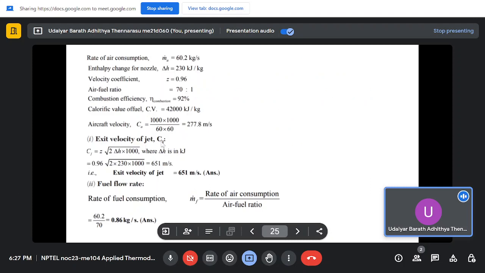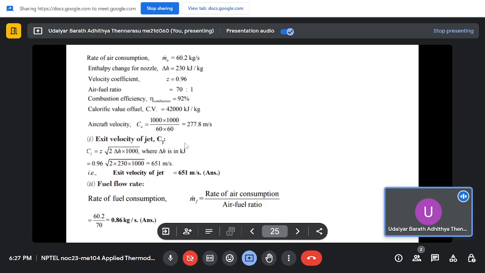So exit velocity of jet can be calculated by applying the steady flow energy equation across the nozzle. So it will come out to be enthalpy plus velocity square by 2. In the nozzle there is no heat addition and work addition, so that all will be 0. It will be equal to h2 plus velocity square at state 2 divided by 2.